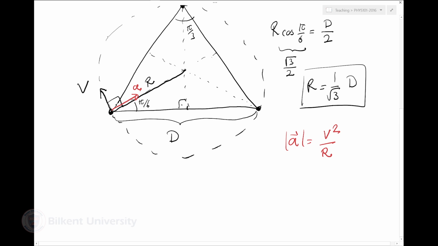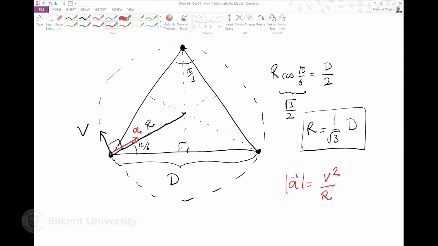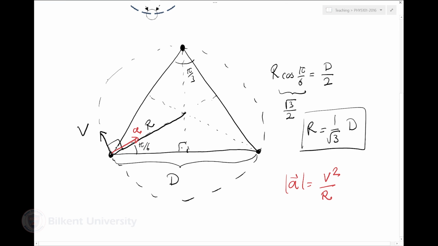How about the forces acting on this planet? What are the forces? Let's show them with green. What are the forces acting on this planet? Well, there are 2 other bodies in the system. Both of them apply a gravitational attraction force on my planet.